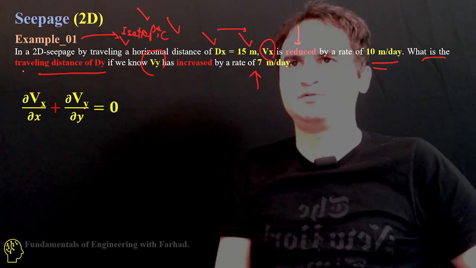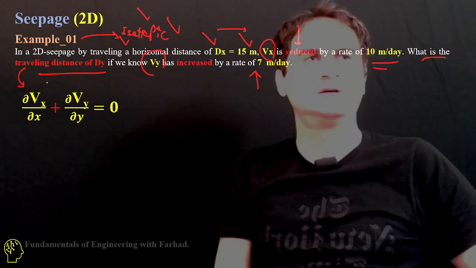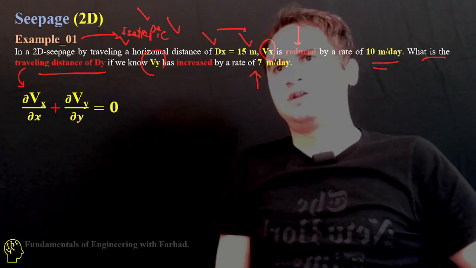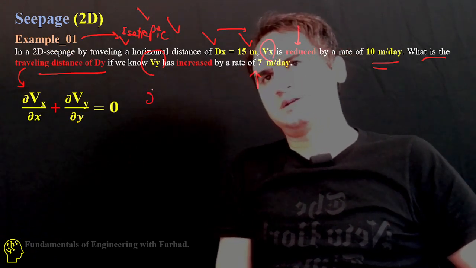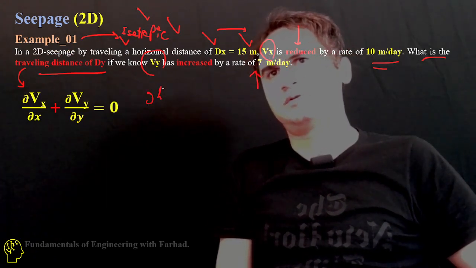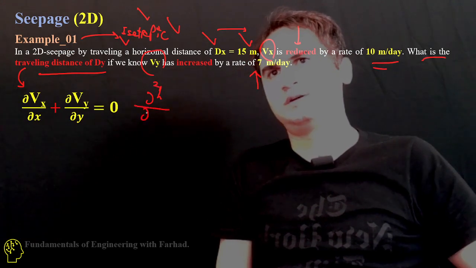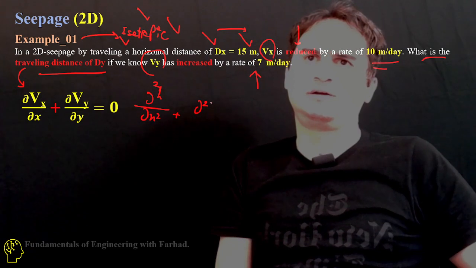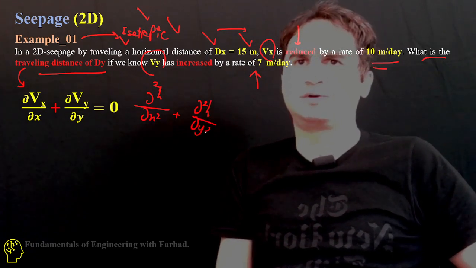So just jot down the seepage equation based on velocity. If you remember, that was d squared h over dx squared plus d squared h over dy squared.